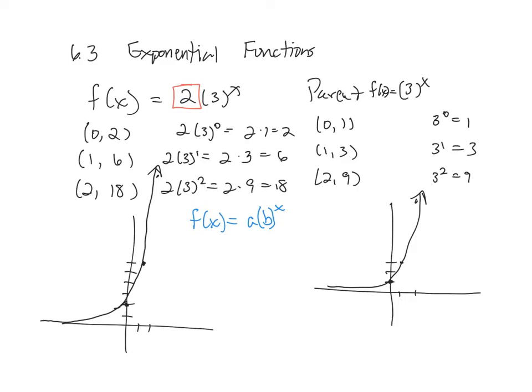So when the a part is bigger than 1, we've used these terms before, but not since chapter 4, so it's been a long time. When the a is greater than 1, we call it a vertical stretch. This graph stretched out and went a lot higher, and it's a vertical stretch by 2.